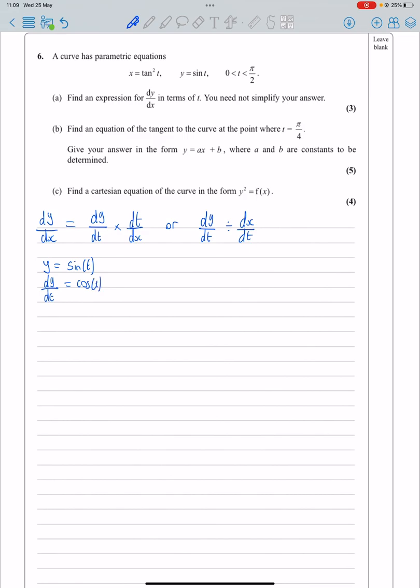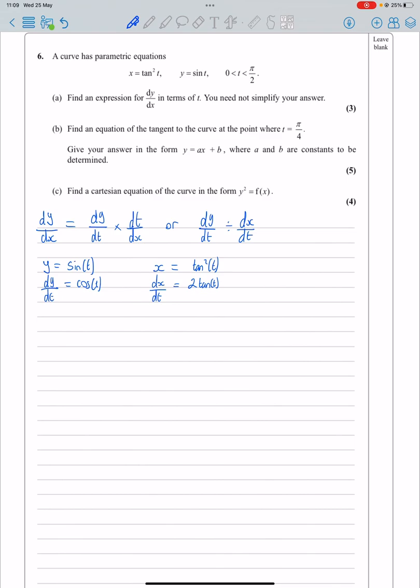If we know that x is equal to tan squared t, then by using the chain rule, I'm going to use the quick method. We've got a function squared. So differentiating the outside function gives us 2 times that function to the power of 1, so 2 times tan t.